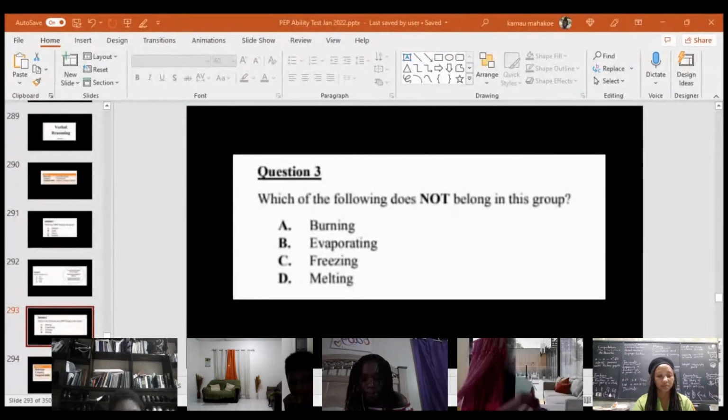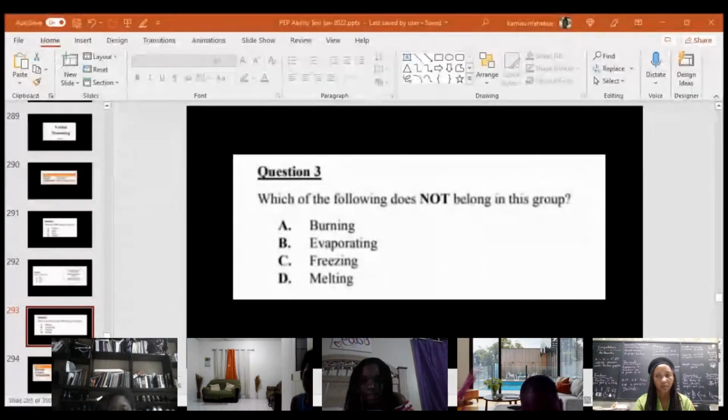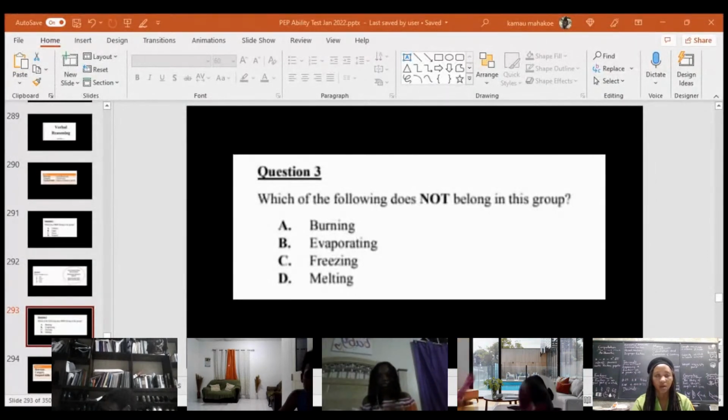Madison? All of them are changes in something's physical appearance. All of them are a way of changing something's physical appearance. All of them are processes. Okay, so they are change processes or changes. All right. Jaden, you want to add something?